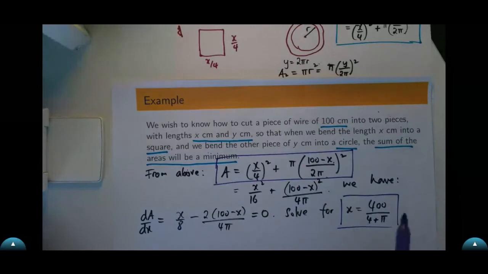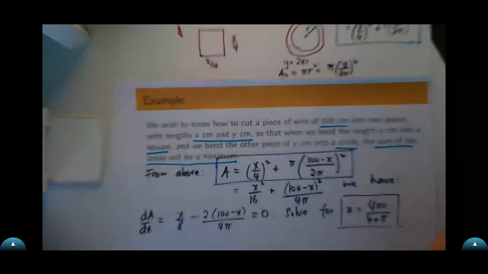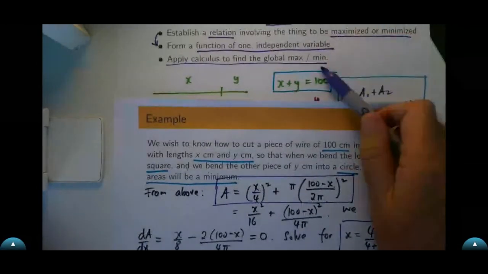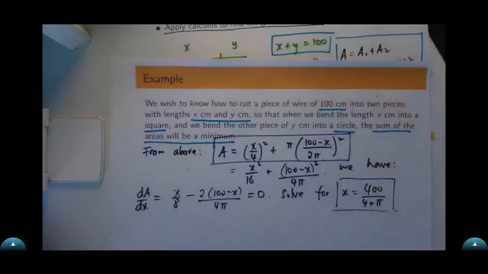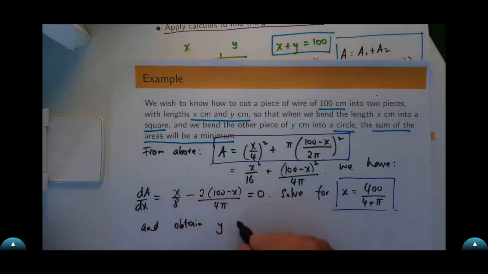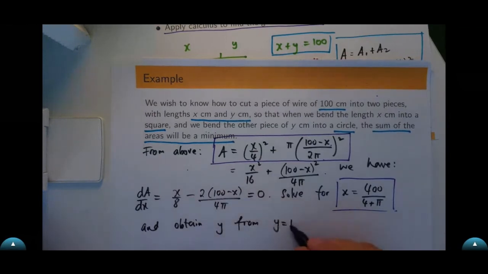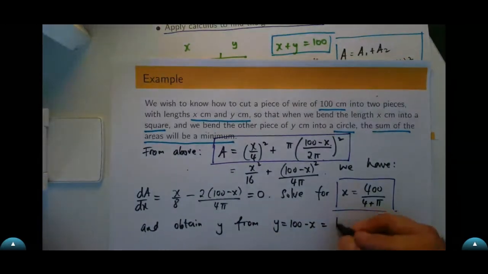And now you can put that back into your original relationship between x and y, and you'll get your y value. Okay, so that goes in there, and you'll get this.